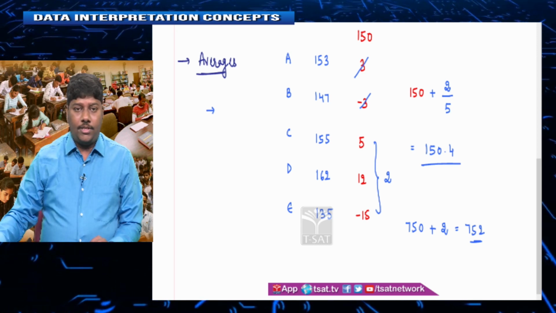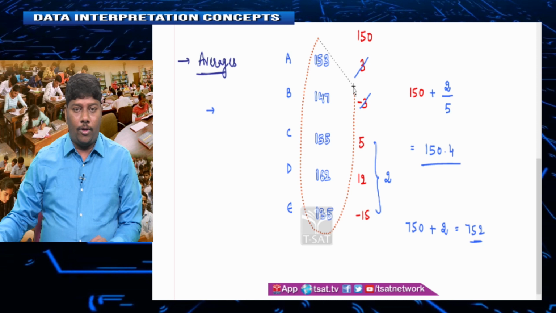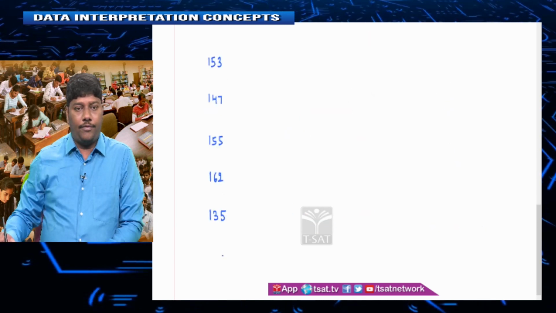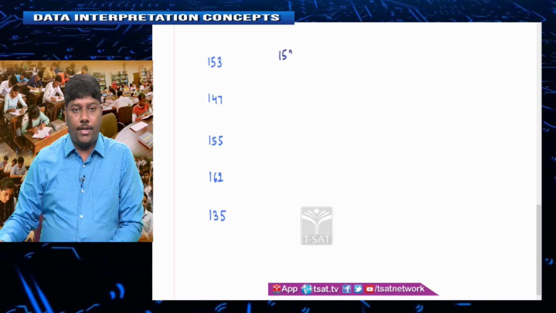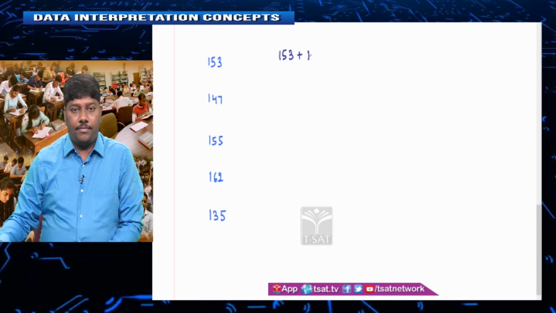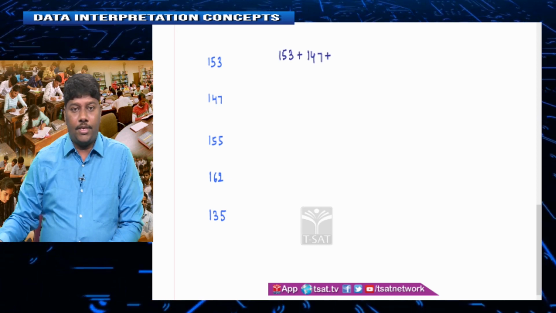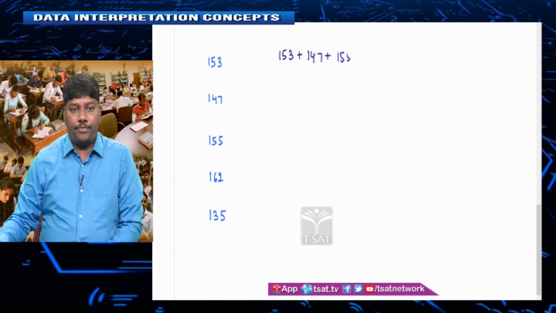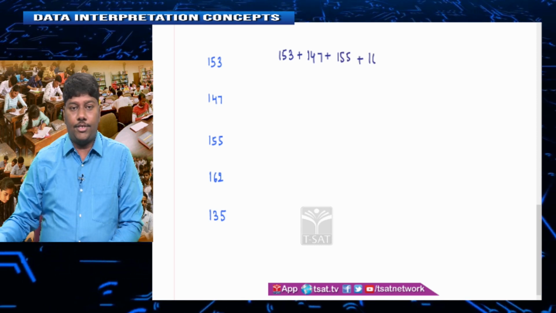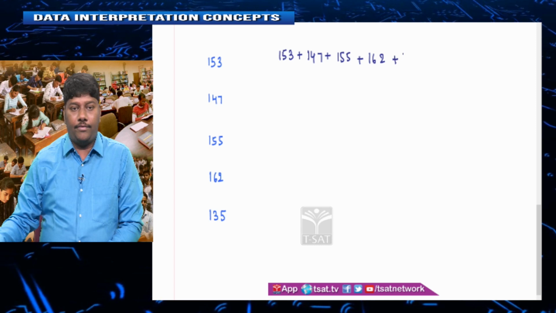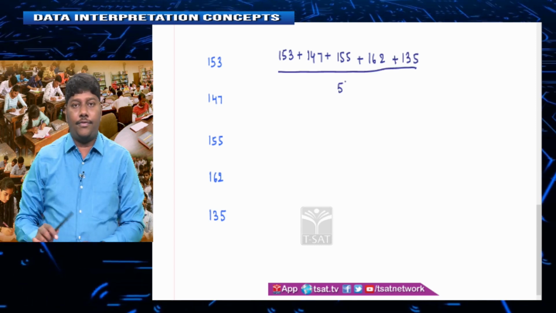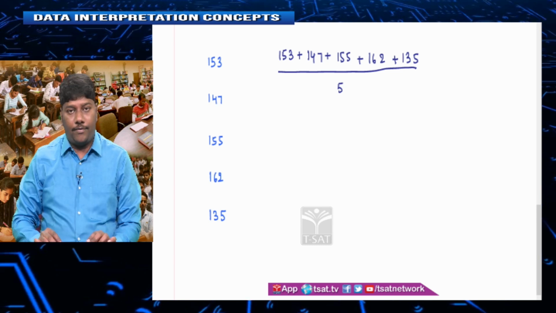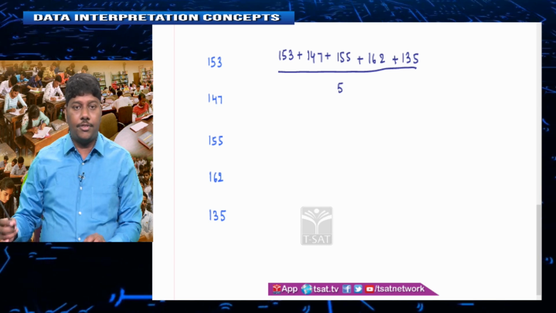Now, what is the reason behind taking all of them? If I ask you the average of all this, how do I write it? I will write it as 153 plus 147 plus 155 plus 162 plus 135, divided by 5, because we know the average of certain observations is equal to the sum of observations by the number of observations.